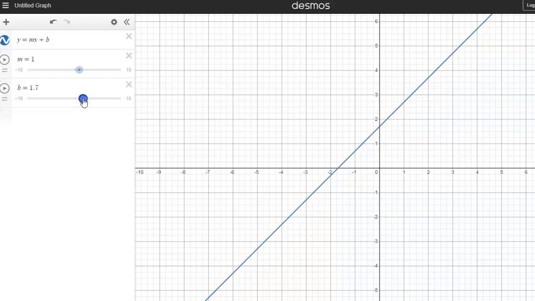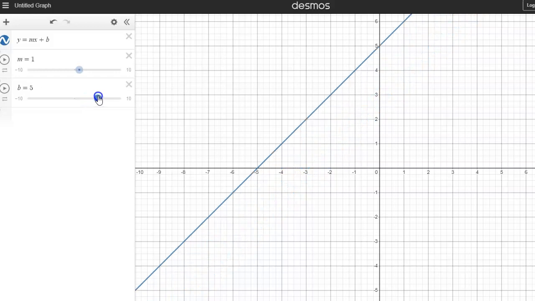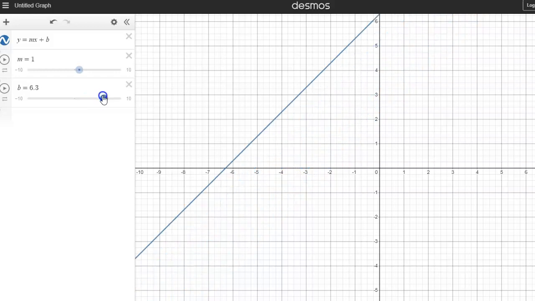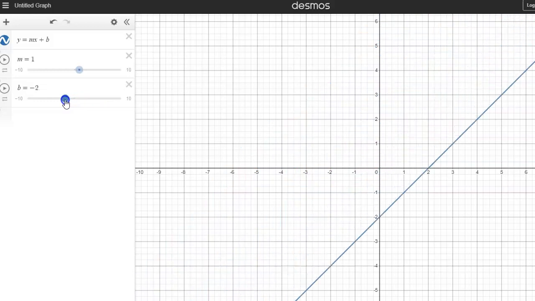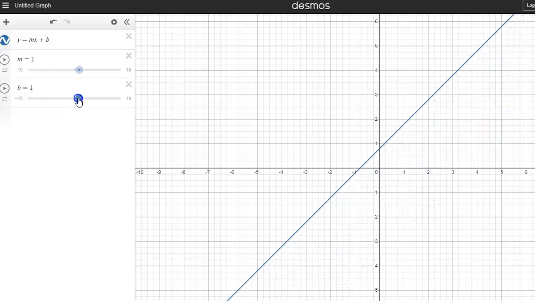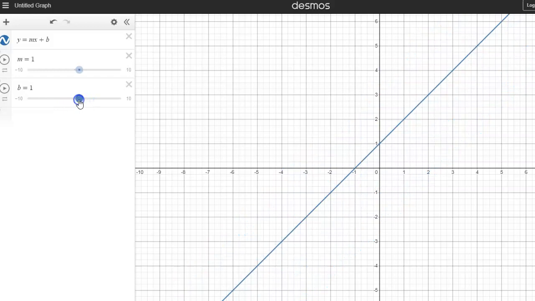If I increase b, I just shift the line straight up. If I shift it down, here I've got some negative values of b. All I'm doing is varying b, and it's just shifting the line up or down. So let's go back to 1.